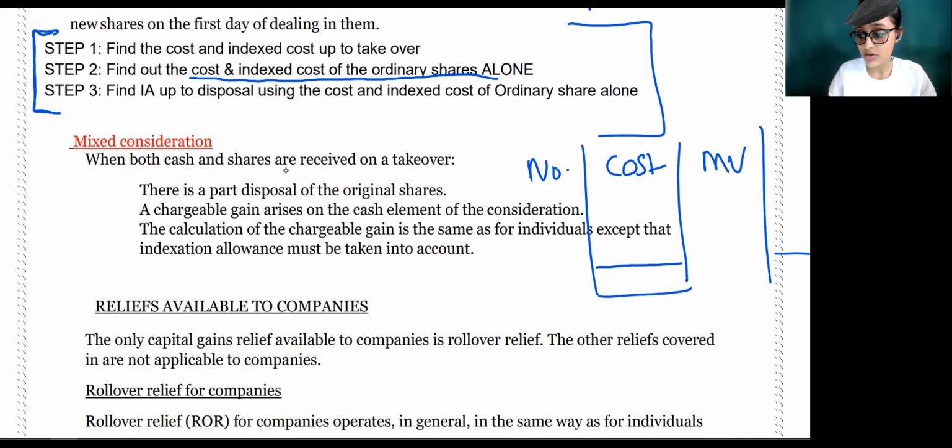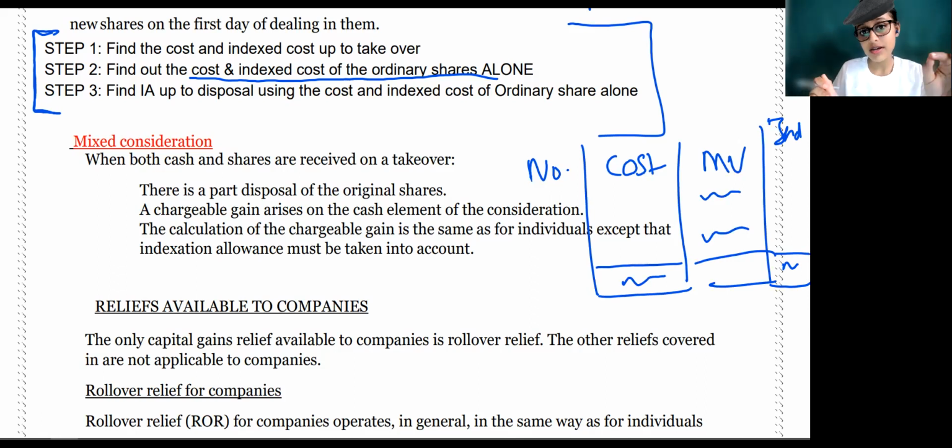Index cost also, you'll write it down over there. After that, write the old cost and the old index cost, that is what you got from working one. Write it down in the totals column, and using the market value, we'll know how to allocate it. That is the second step. Third step is disposal, that is from takeover to disposal.